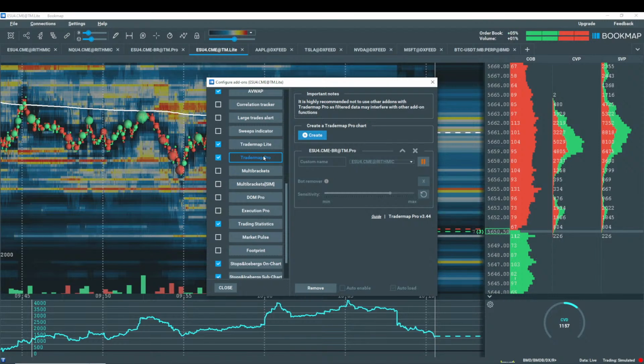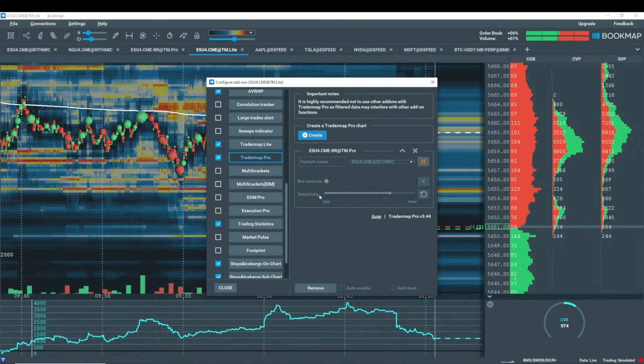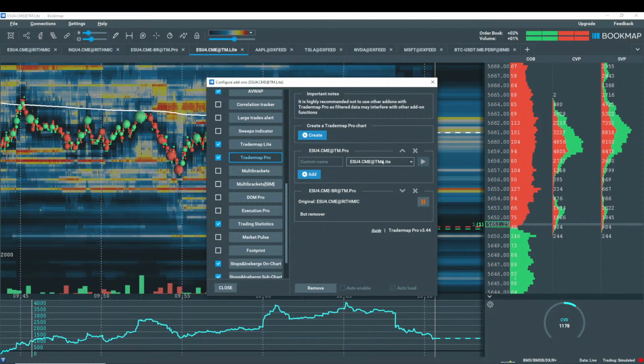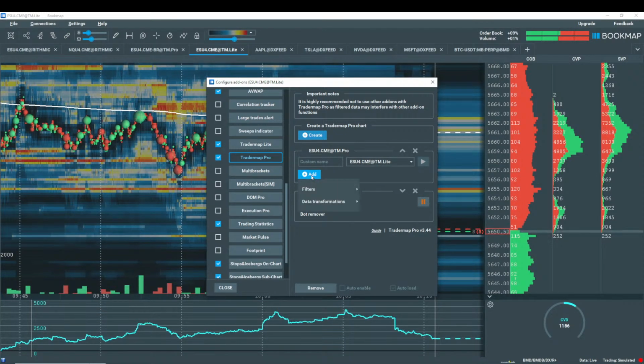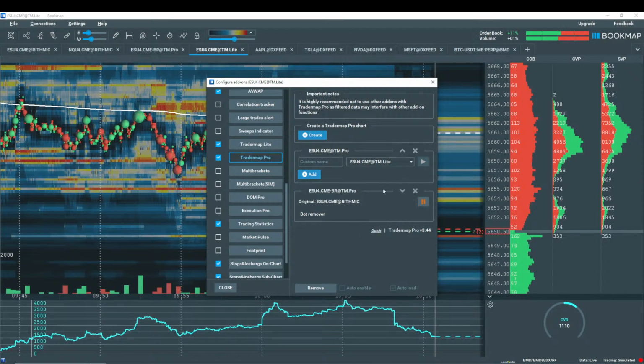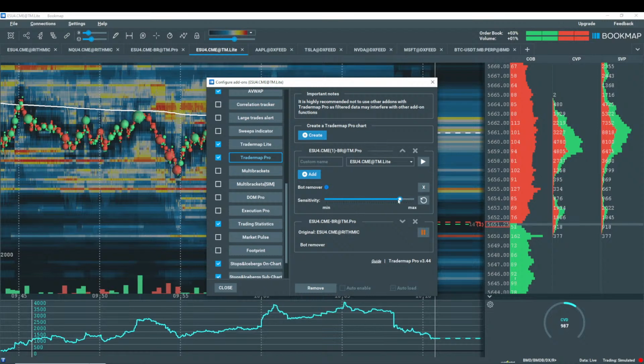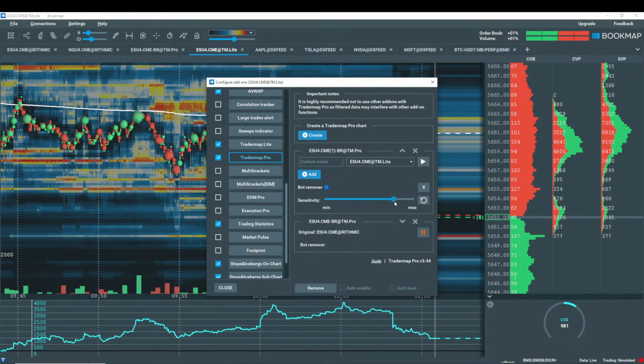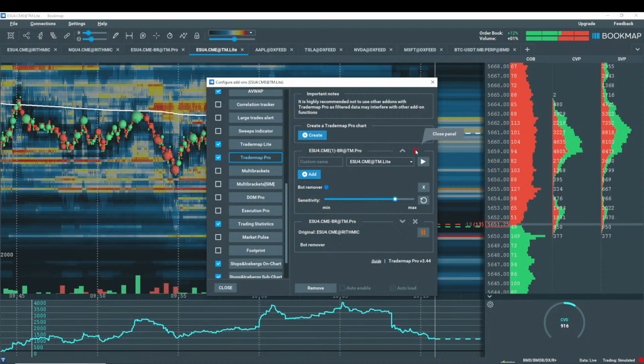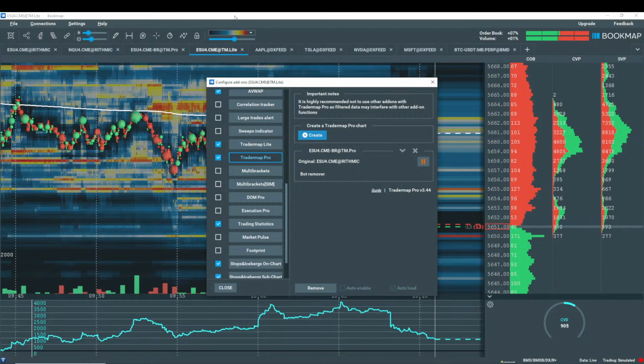Okay, so let's open up this one, and you can see that there's a sensitivity filter in here. So if we create a new one here and I add a new filter, the bot remover, then I have this sensitivity slider here. Okay, so that's the big difference, right? So you can really filter more here if you want. And that's the difference between the two, and that is the only difference, right?